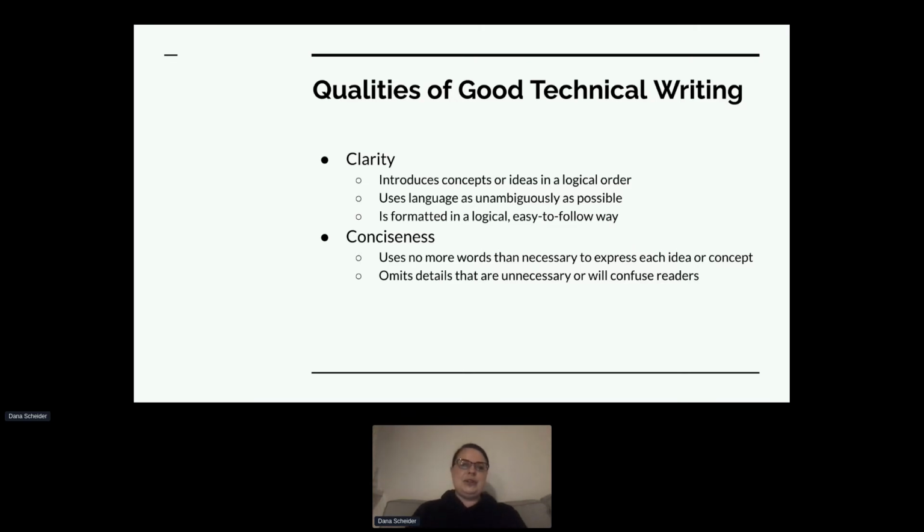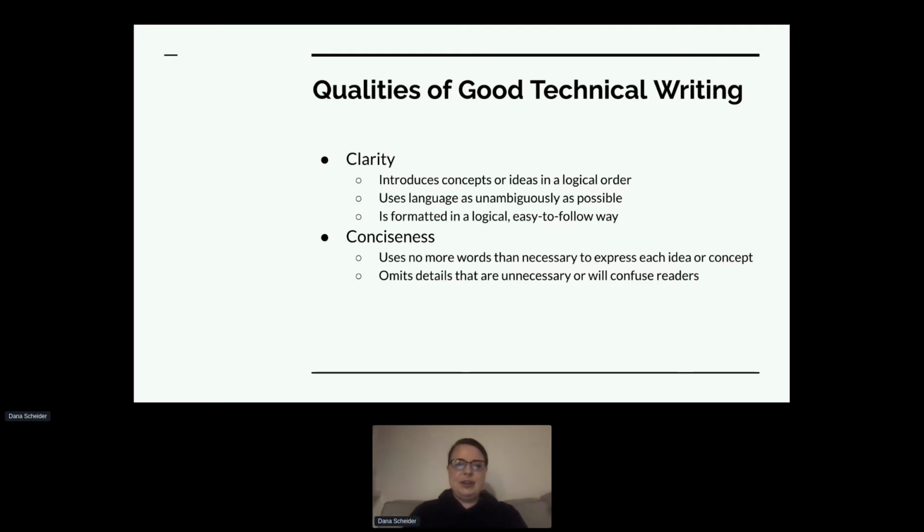So you want to use language as unambiguously as possible, avoid overloaded terms that may have multiple definitions. And you want the document to be formatted in a logical and easy to follow way. So in the case of online communications, that usually means frequent paragraph breaks, breaking things into bulleted lists if you can, anything that makes it easy for the eye to follow and easy to kind of understand the structure of the document.